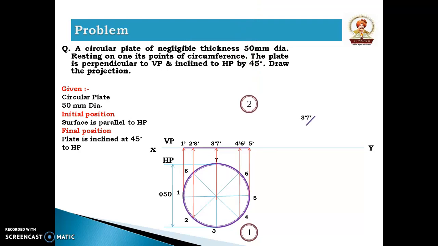Then draw a line at an angle 45 degree above HP and shift all the distances of previous front view, that is from step 2, and this is the final stage for step number 3.